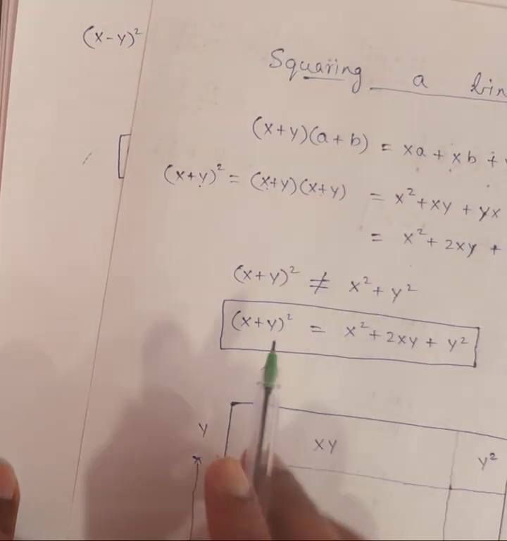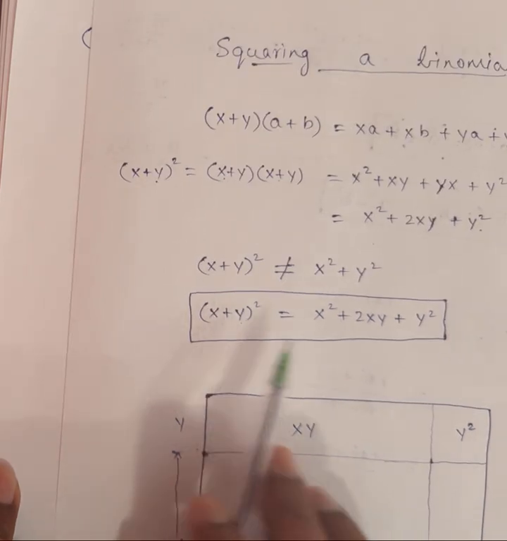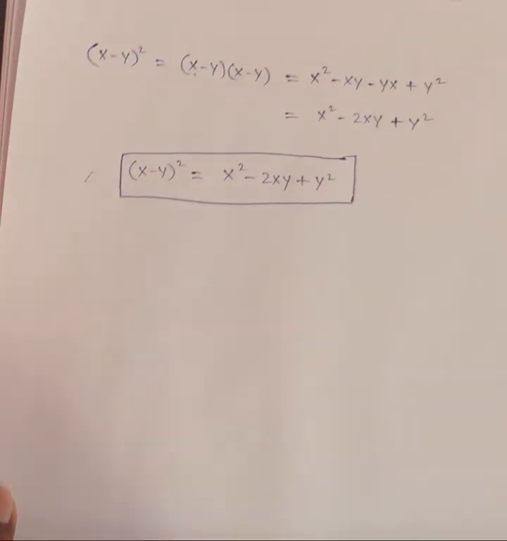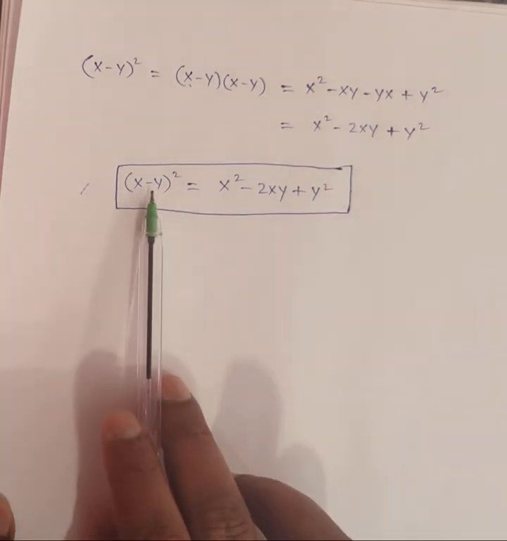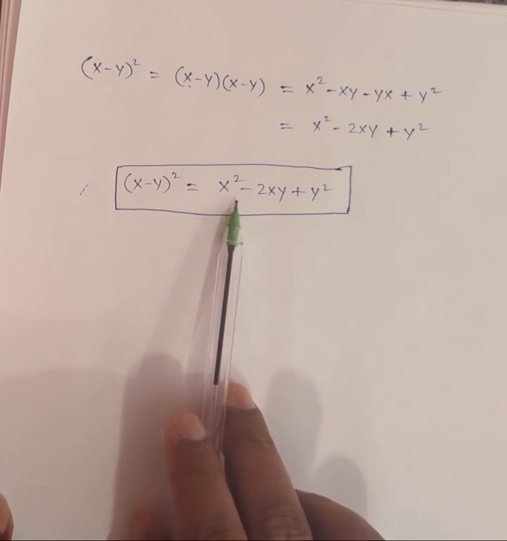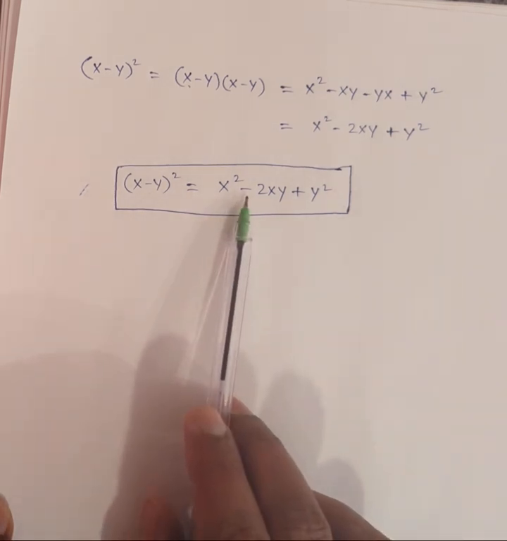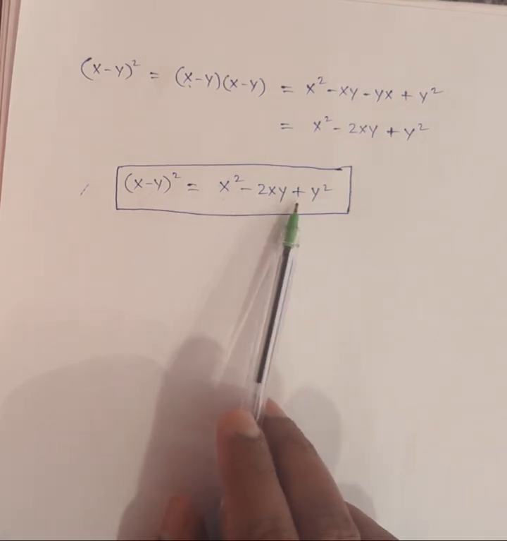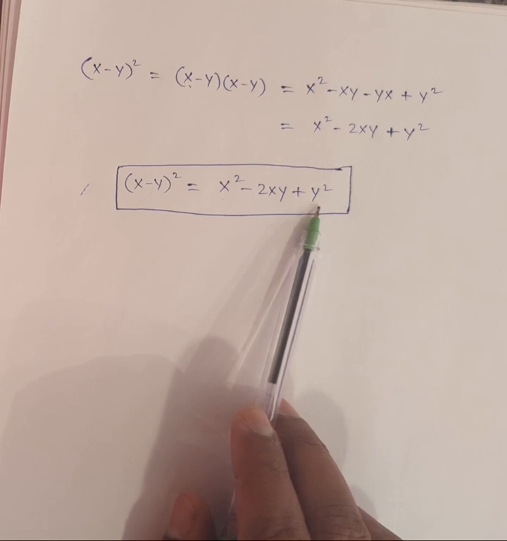Let's go back to the earlier formula, x plus y quantity square. There it was x square plus 2xy plus y square. Now if you have x minus y quantity square, it looks very much like what we had, except the middle term comes with a negative coefficient. So it's going to be x square minus 2xy plus y square.